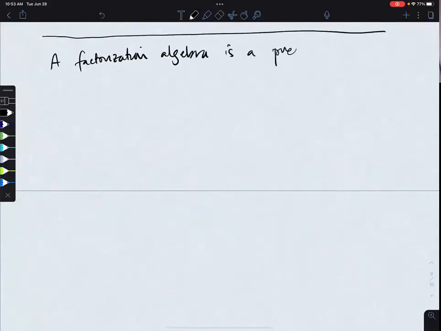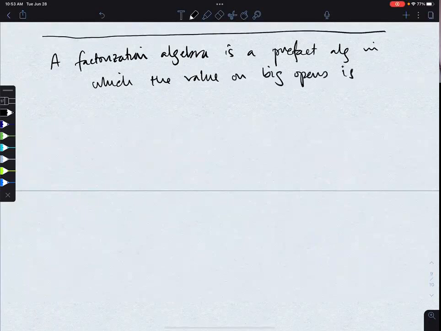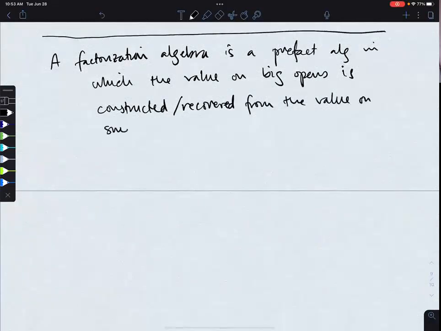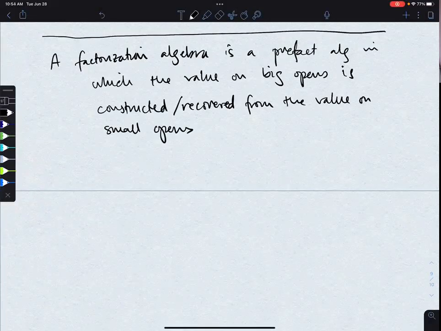It is a pre-factorization algebra in which the value on big opens is constructed or recovered from the value on small opens. So the idea is, if you knew what happened on disks and how they fit inside each other, you could reconstruct it on the whole big manifold.